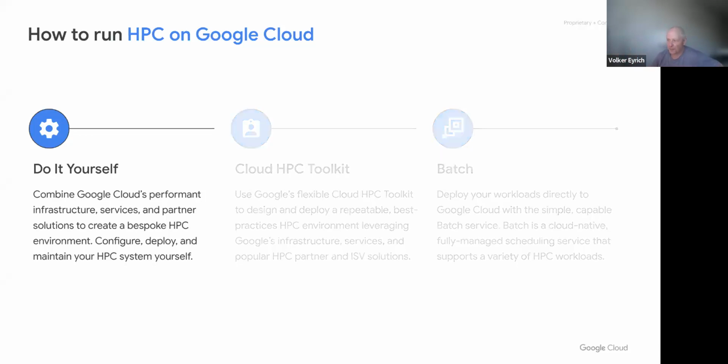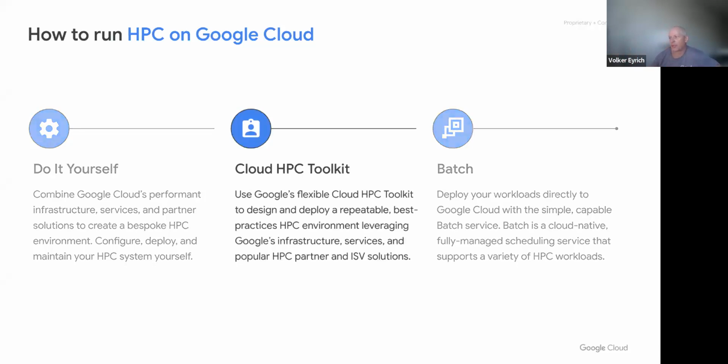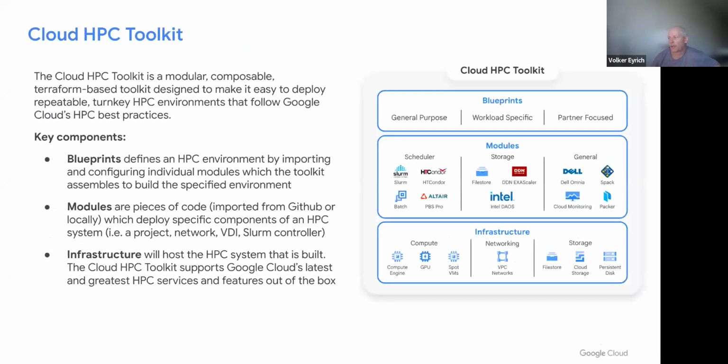So I'll go through those transitions real quick, just in the interest of time. The HPC Toolkit offers a number of Google native products, as well as those partner products that I mentioned earlier. You see that on the right. For those who have done HPC, you may recognize some of those technologies.